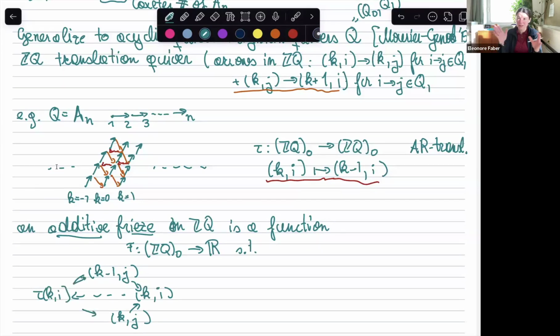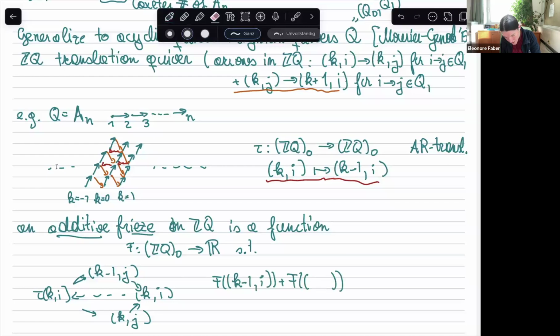So this is what the picture looks like locally, and the mesh relation tells me that I have f of (k-1,i), so f of tau of (k,i), plus f of (k,i).